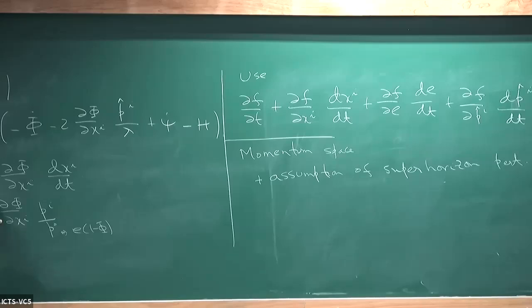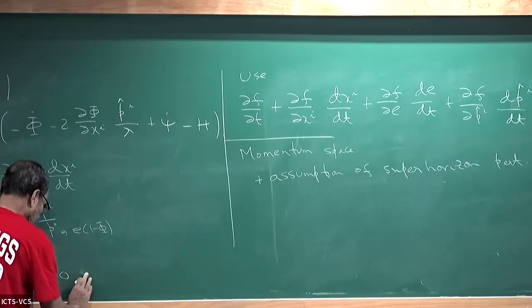In momentum space, this quantity basically becomes i k_i phi. And super horizon basically means that you ignore all k's. k going to 0 is the super horizon limit. So this we can set equal to 0 for super horizon perturbation.